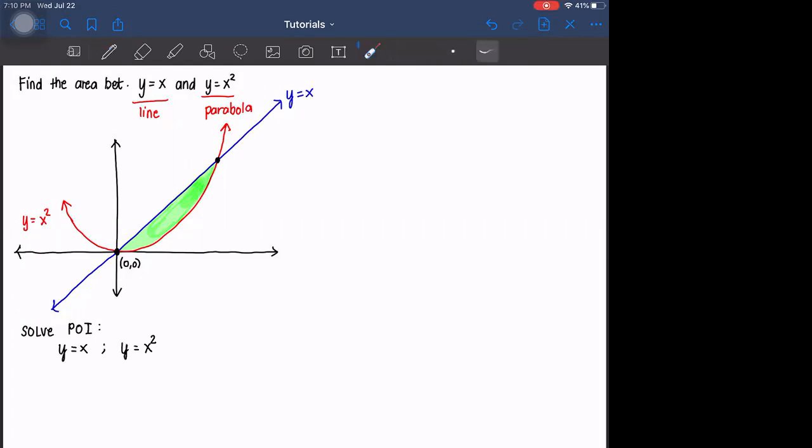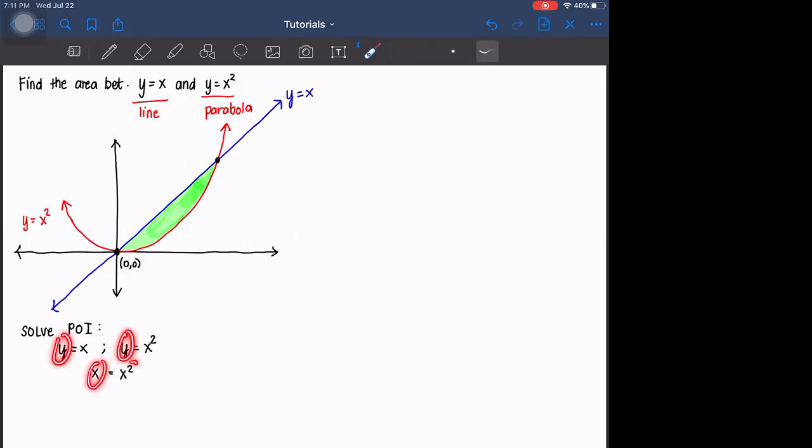When two curves intersect, they share that point, so they have the same y and x there, so we can equate. The x of the line equals x squared, because the two y's are equal.